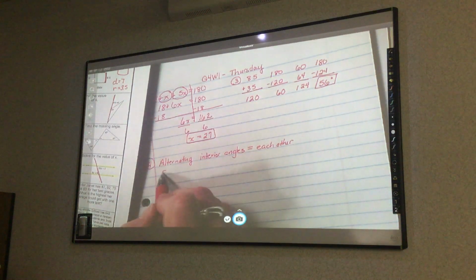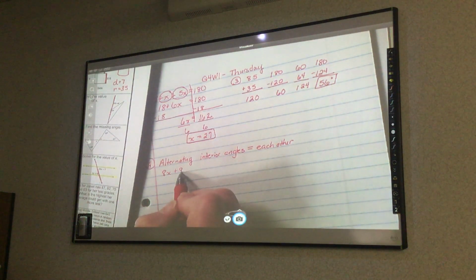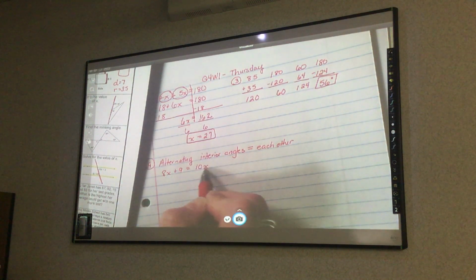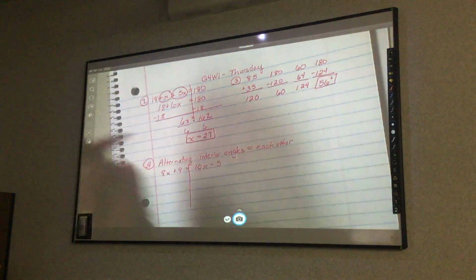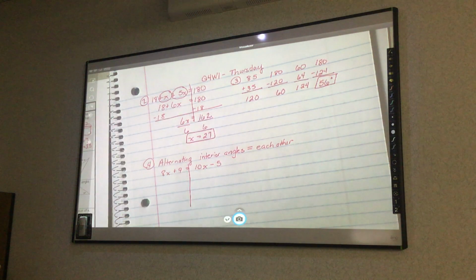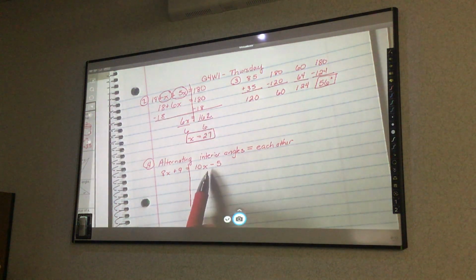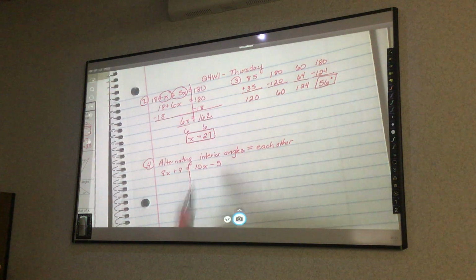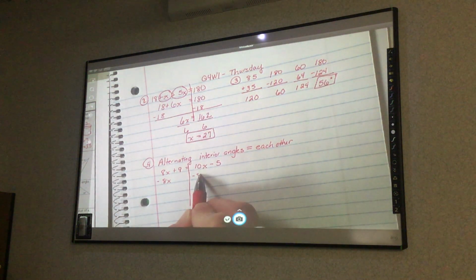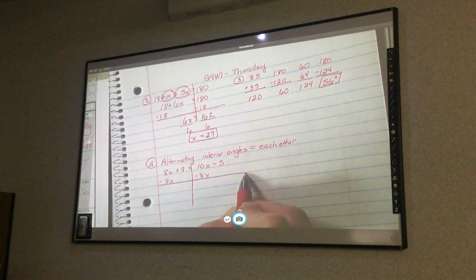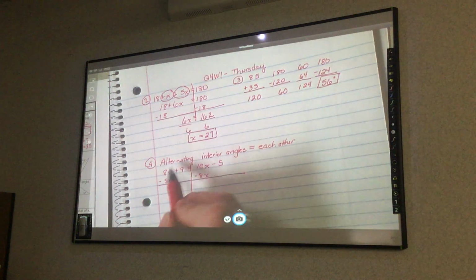So I've got 8x plus 9 equals 10x minus 5. I want to move my 8x. Why do I want to move my 8x? So I don't have negatives. So minus 8x minus 8x. Drawing my line. Remember how important this is to show all of these steps.